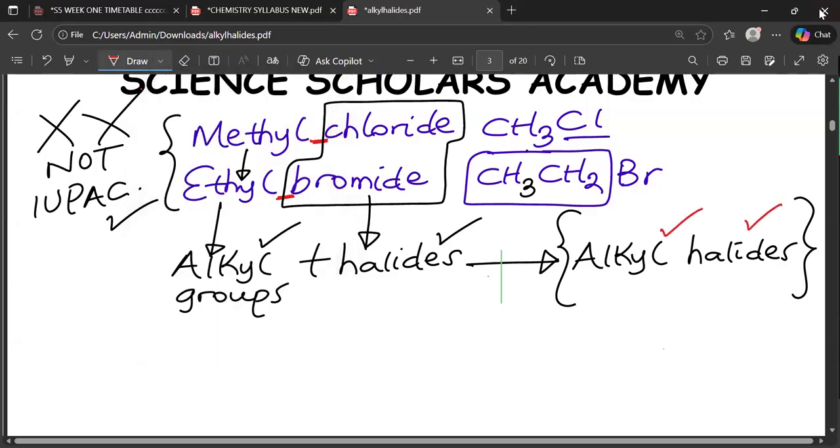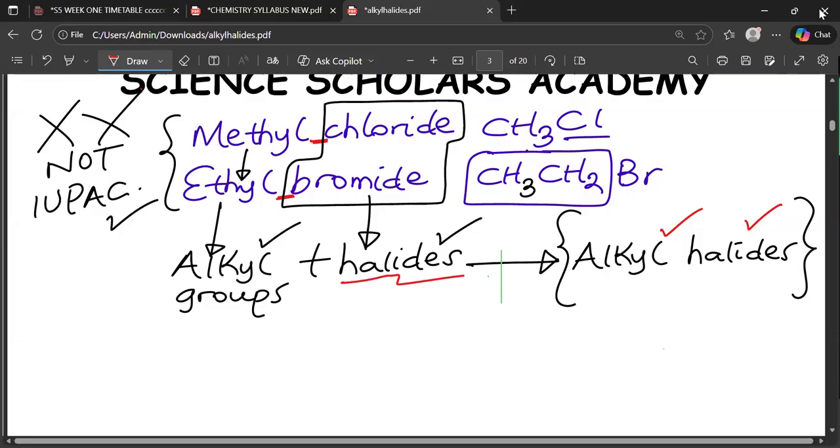You can have an alkane like methane reacting with chlorine in presence of UV light. So you find yourself having the alkyl group, the methyl, ethyl, being attached to the chloro, bromo, iodo and so on groups. And when those two react, what we form are what they call halides. And these halides are the same as halogen compounds.